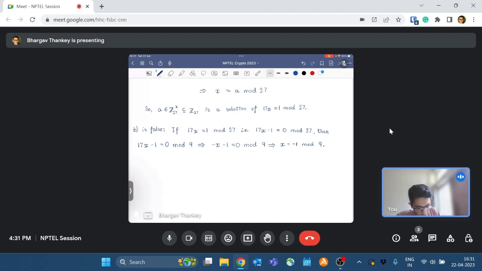We have minus x minus 1 equals 0 mod 9, and this implies that minus x minus 1 is equal to m times 9 for some m.